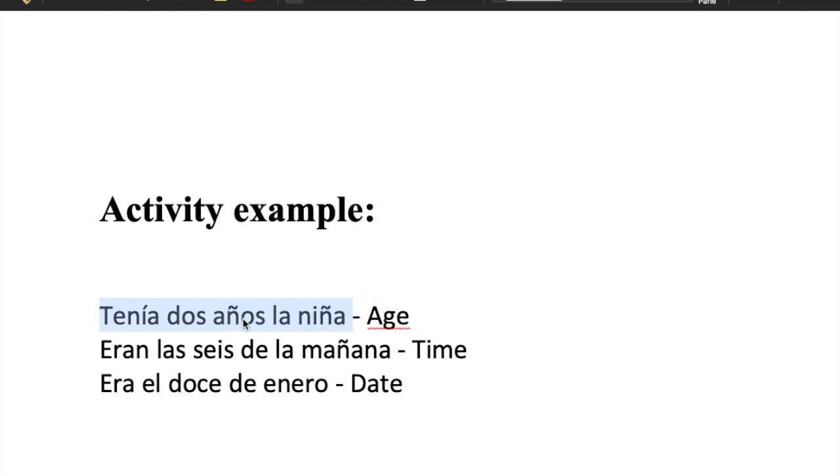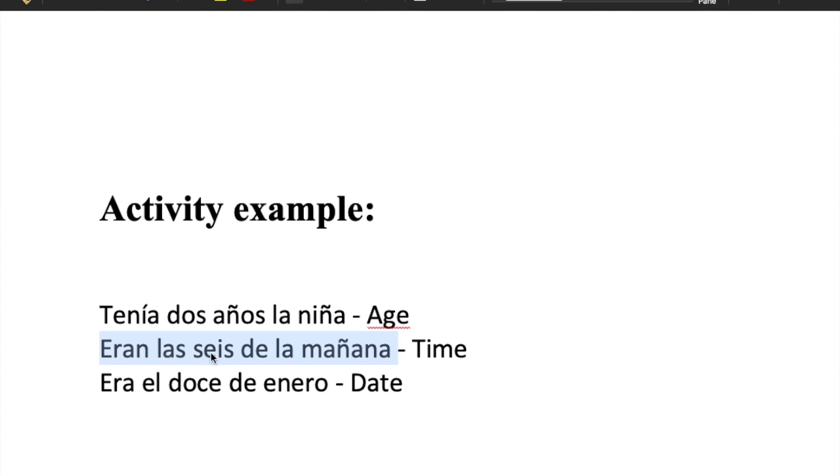It says años, meaning years. La niña, the little girl. So on the right side, or vice versa, you'll have the options, either age, time, date. So you will have to match up which sentence goes with which description. For another example, eran las 6 de la mañana.